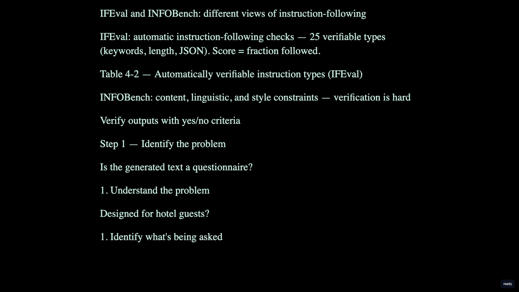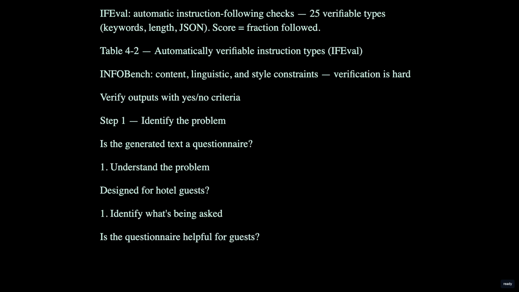Begin by identifying exactly what the problem asks. Underline key words, note the given data, and decide the specific quantity or conclusion you must find. A helpful questionnaire gives clear, focused prompts that cover key areas: room, cleanliness, staff, amenities, and asks for specific examples rather than yes/no answers. To improve it, use neutral wording, combine short rating scales with one open-ended prompt, and provide example responses or follow-up questions to encourage useful detail.